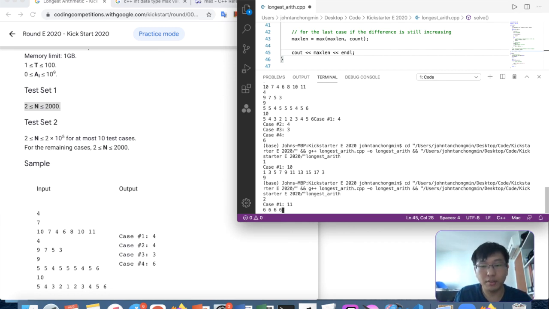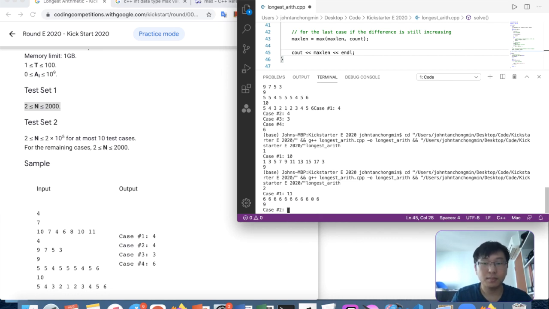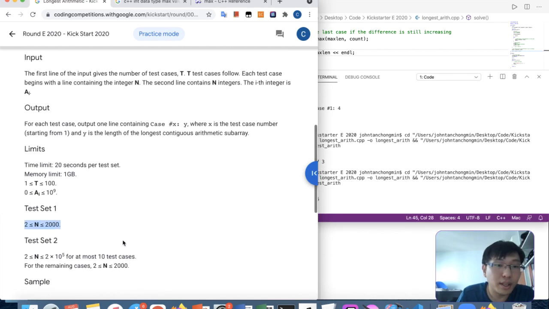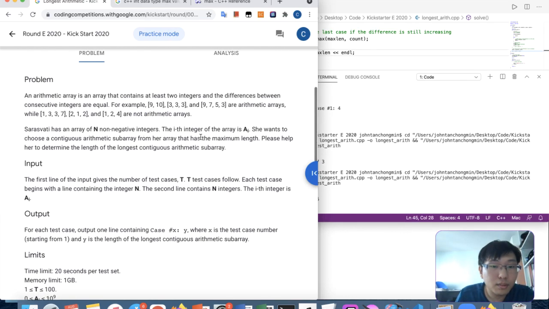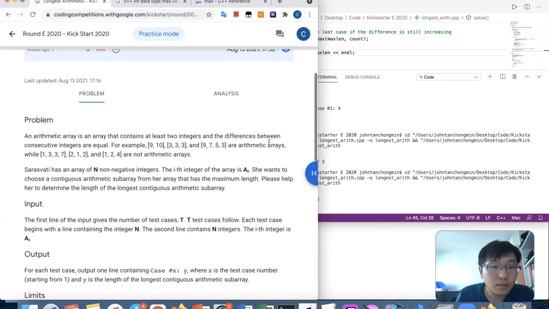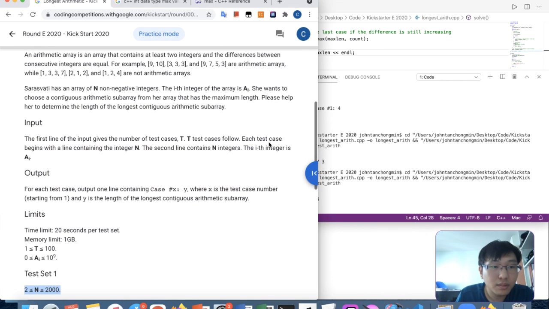Let's try a whole array of like 6, 2, 3, 4, 5, 6, 7, 8, 9. It's working, but somehow it's not giving the right answer. The differences between consecutive integers are equal.